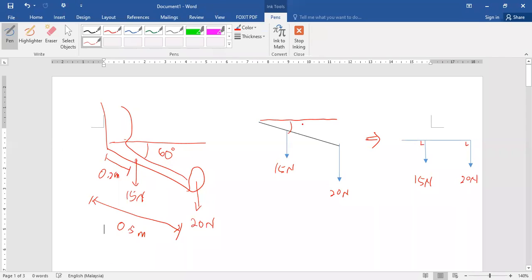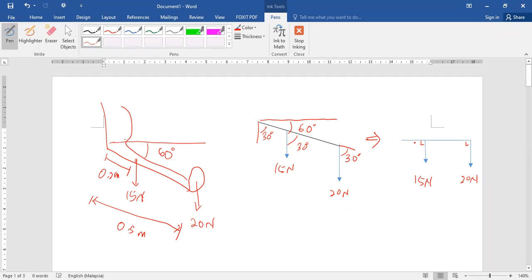This will be 60 degree. If 60 degree, that means that this will be the angle of how much? This one 90, right? This will be 30 degree, and this will be 30 degree as well.